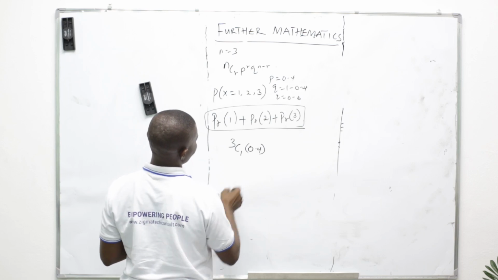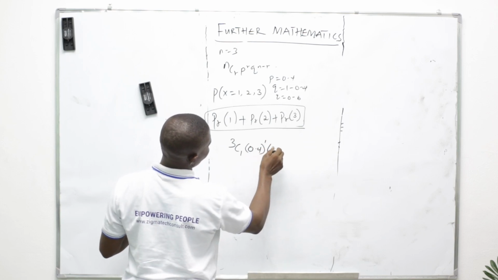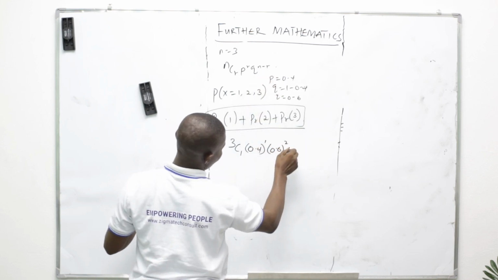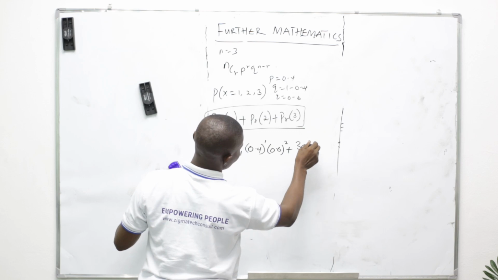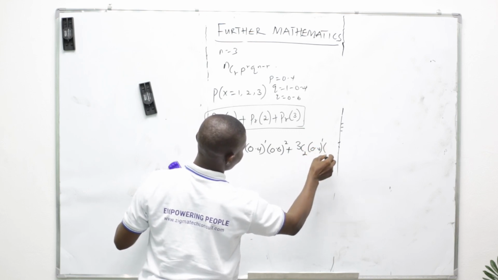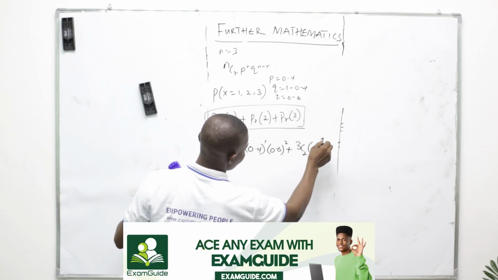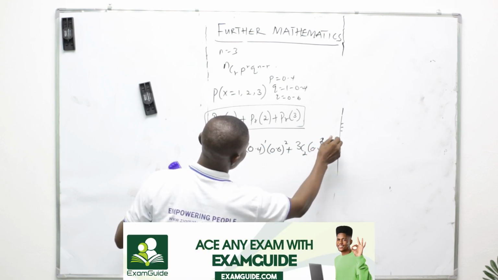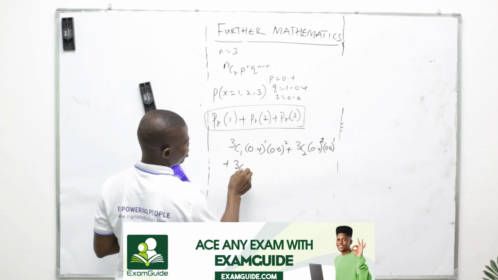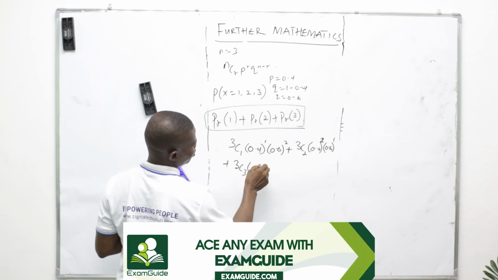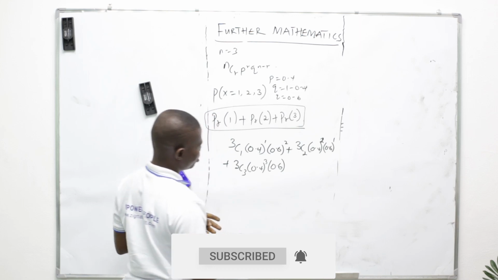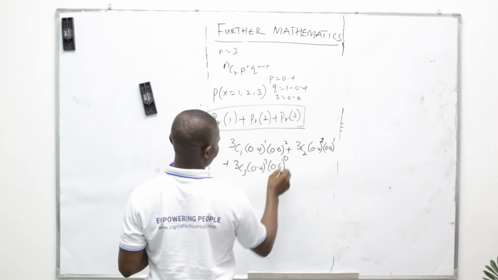What is r? 1 into 0.6 raised to power 3 minus this, that is 2, plus 3 combination 2 into 0.4 raised to power 2 into 0.6 raised to power 1, because 3 minus 2 is 1, plus 3 combination 3 into 0.4 raised to power 3, 0.6 raised to power 3 minus 3 is 0.